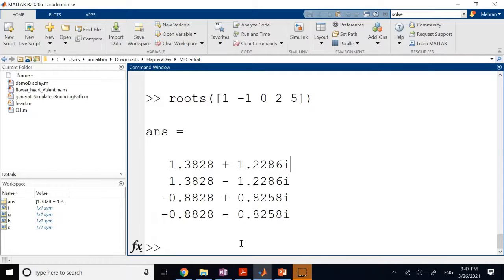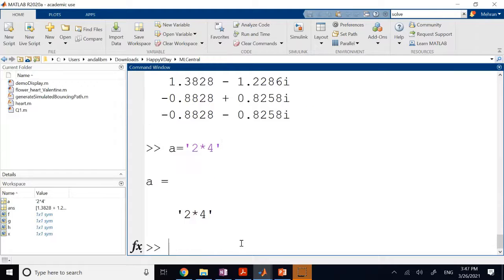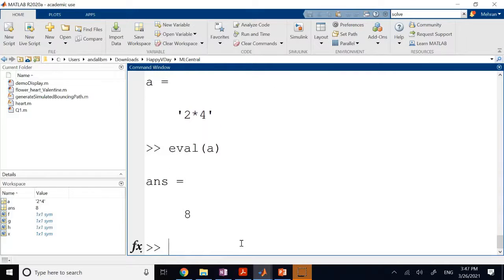Good job. We defined a variable, and it was 2 numbers multiplied, but we defined it as a string. So when you define it that way, that 2 times 4 is not going to happen. But if you say eval of that, now it is going to do it and even convert it to a number.